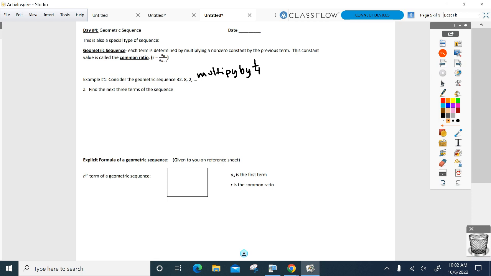Can you guys on your own, using your calculators, find the next 3 terms? So find the 4th, find the 5th, and find the 6th.